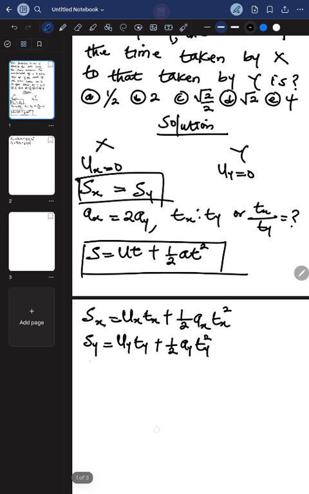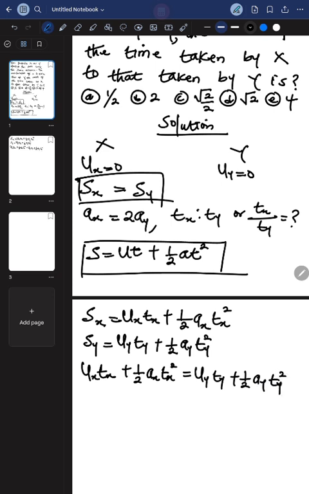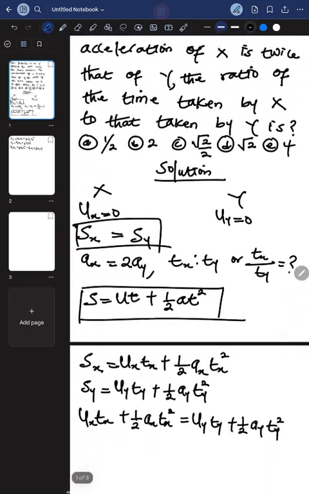So that means ux tx plus half ax tx squared is equal to uy ty plus 1 over 2 ay ty squared. So this is what you're going to use to solve the question now.